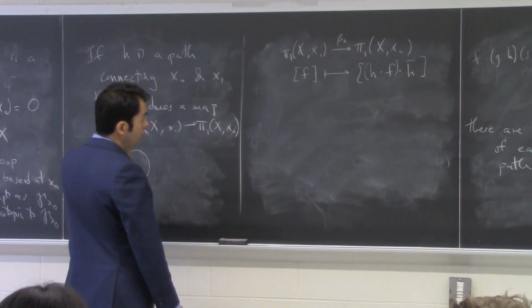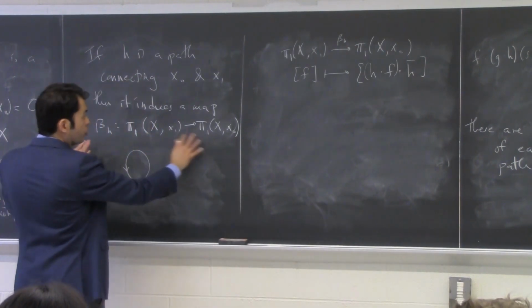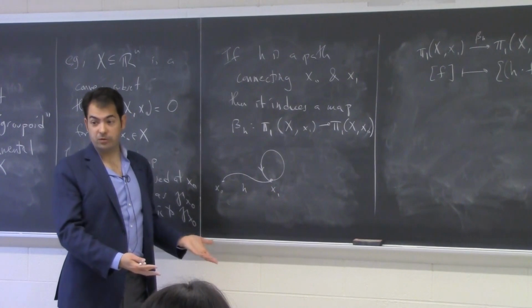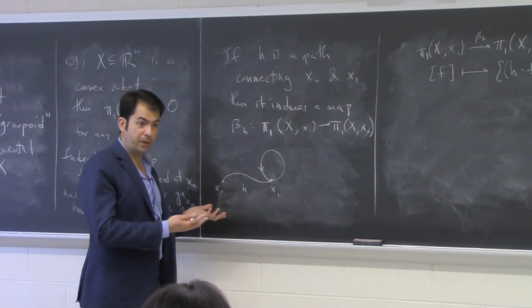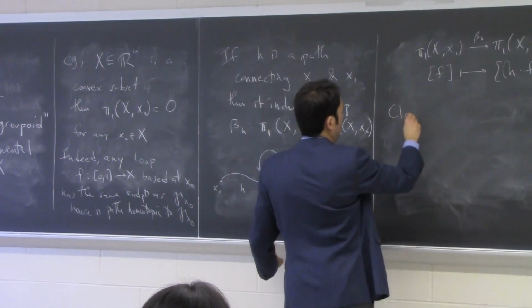Okay, so we have this map, but of course these are groups, so we really would like to have a group homomorphism, and in fact we'd like to have a group isomorphism. So let's check that.